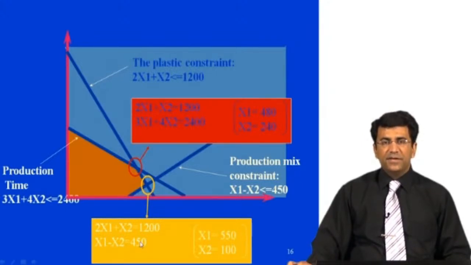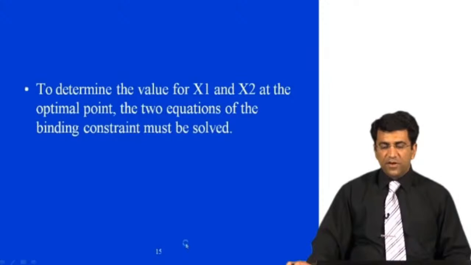We will make equal any of the coefficients for any variable, either for x1 or x2, by multiplying a particular equation by a particular constant number. Then we will subtract these equations, and finally we can get the 2 values in this particular case as x1 is equal to 550 and x2 is equal to 100. So this point of intersection is 550 and 100.